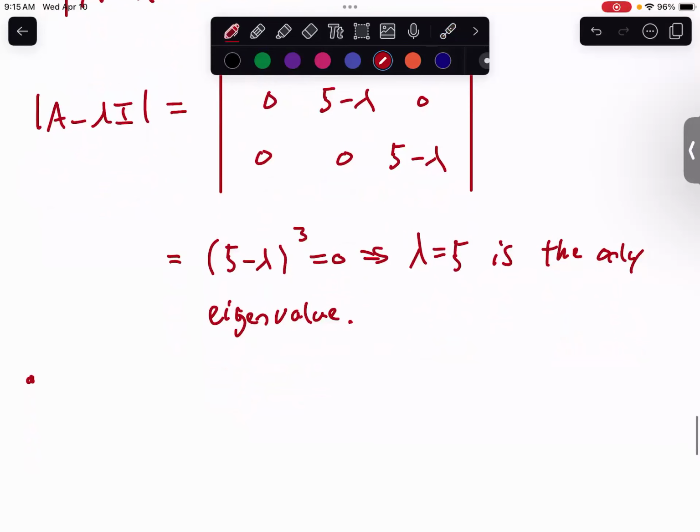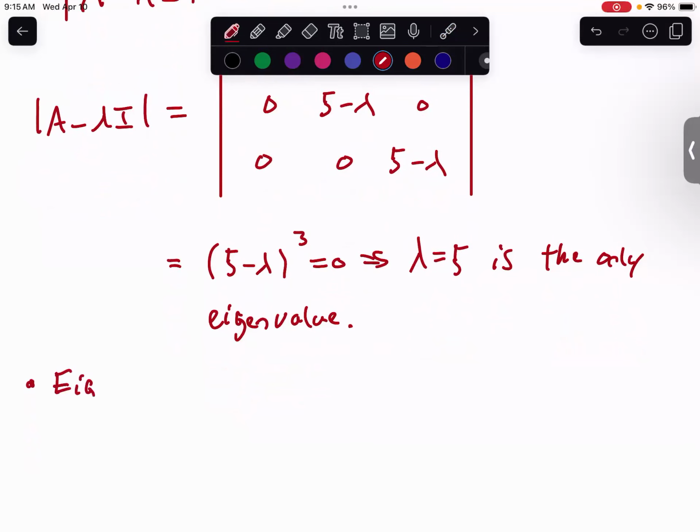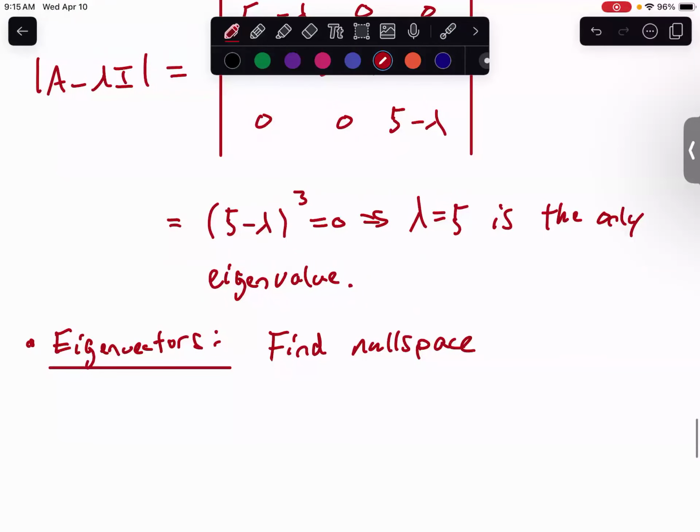Whenever it's asking you to find eigenvectors, you should always think we need to compute a null space. So we want to find the null space of A minus 5 times the identity, where 5 is the eigenvalue that we have. That's why it's A minus 5I.